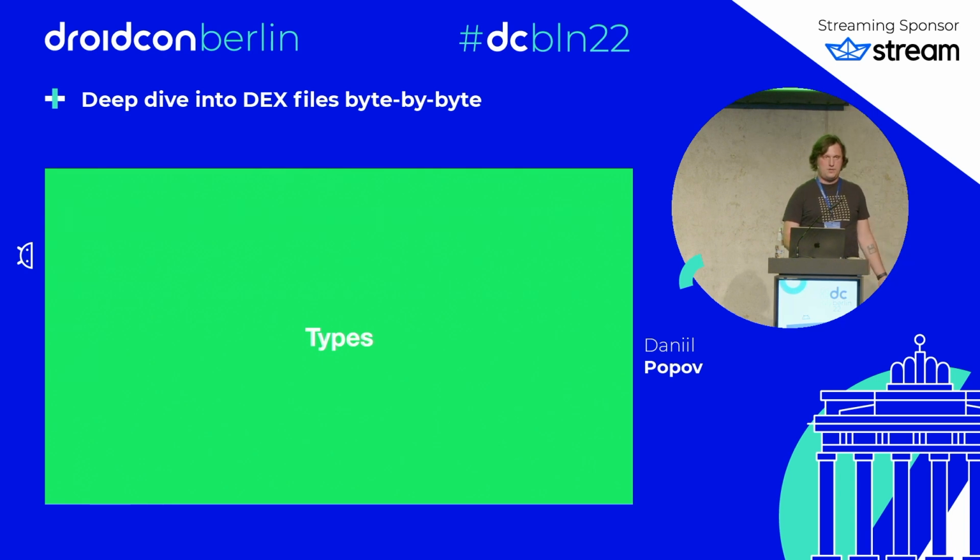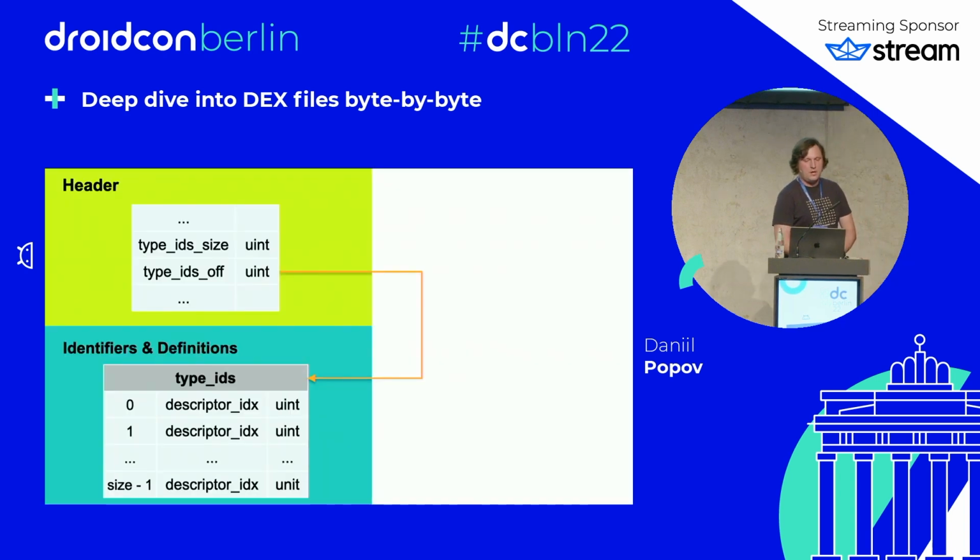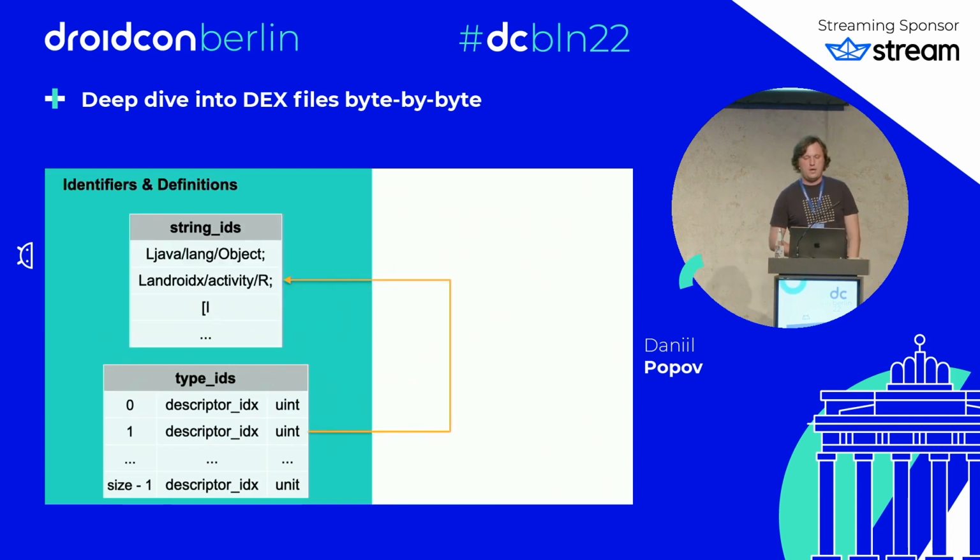Okay, next section is types. Type IDs are also referenced from the header by the offset and amount of entries in this table. And every type in this table is just an index in the string IDs table, which we're already familiar with. So the type is a string description of it, and you can call it a descriptor. So type is a string descriptor, that's it.